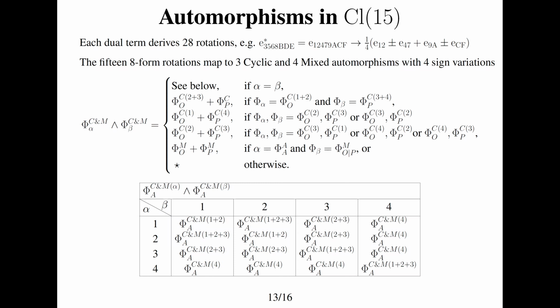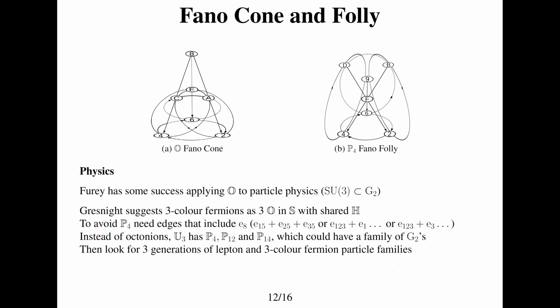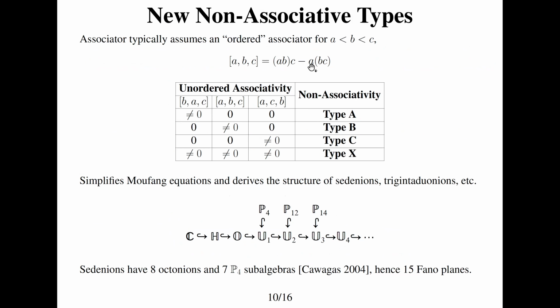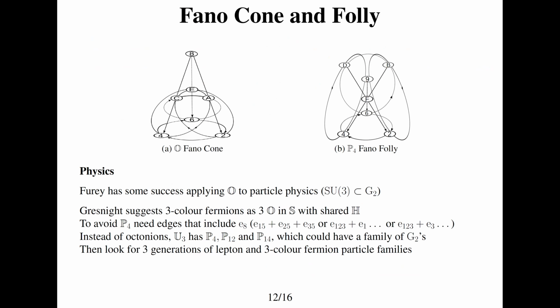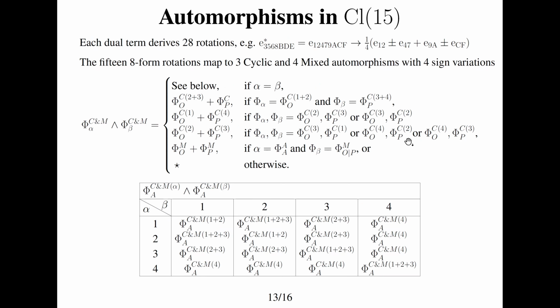So that gives you 420 invariants of the capital Phi calibration, not the 15-dimensional one, not the 15 element 3-form one, but the Phi with 15 terms, 7 for the 7-form. So we've divided it up into O and P parts.